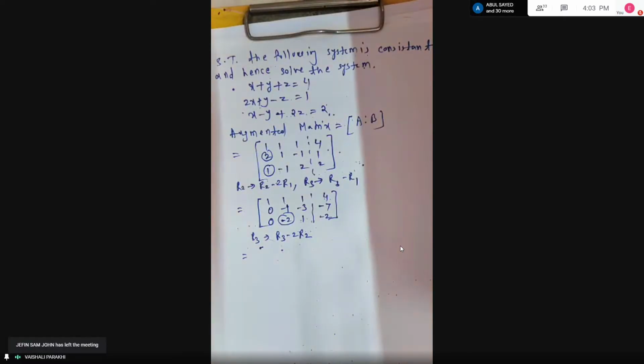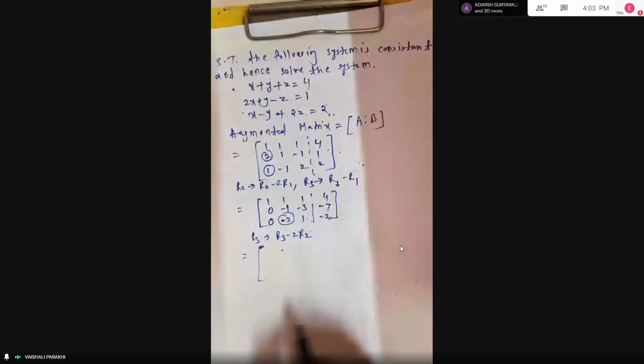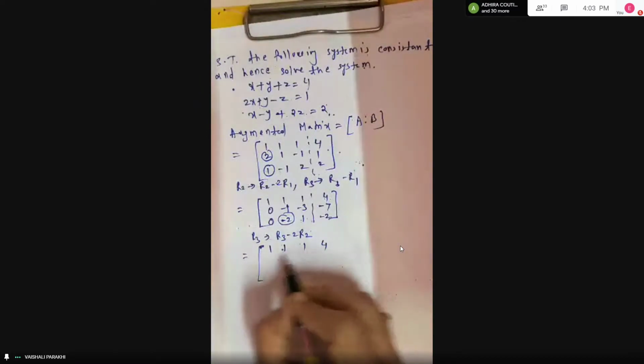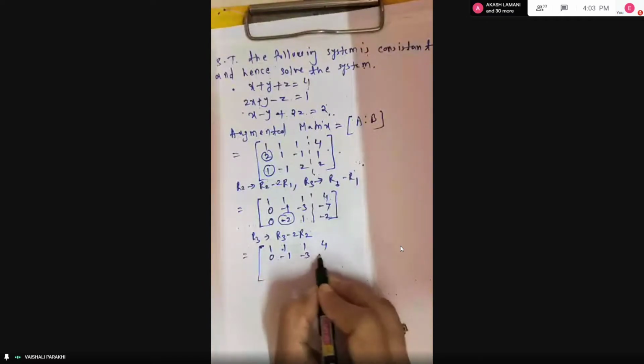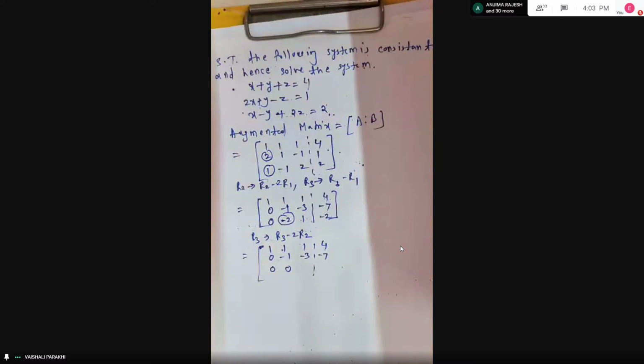You cannot multiply any row or any column by 0. Okay. So only R3 is changing at this step, right? The first two rows I am copying as it is. 0, 1, minus 3, minus 7. This is 0 and this has become 0. And now you have to calculate the remaining two numbers.